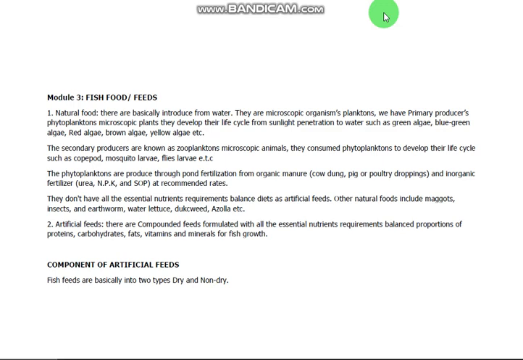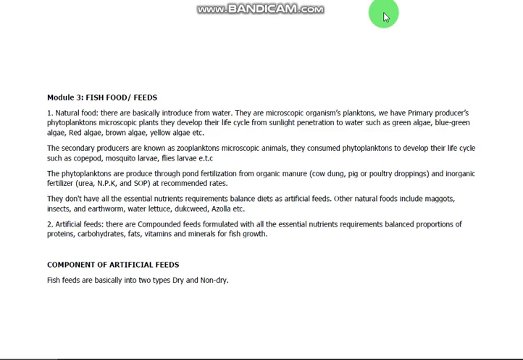So majorly how we reduce cost of feed on fish pond and fish farming in the first 2 to 3 weeks is by fertilizing your pond.